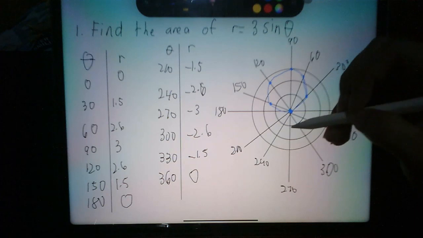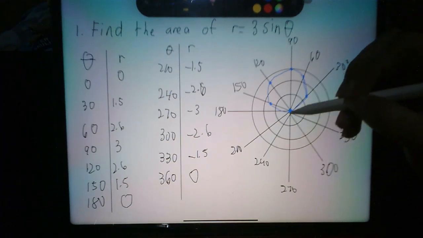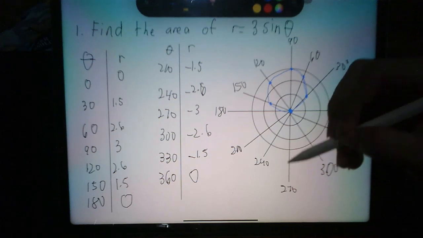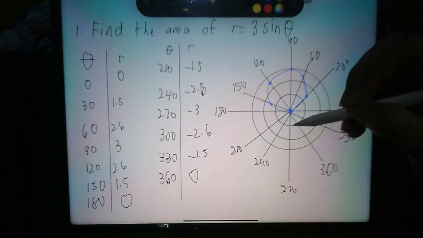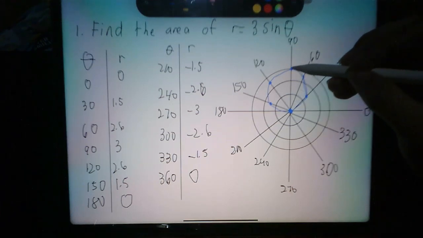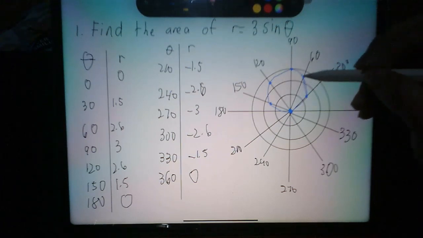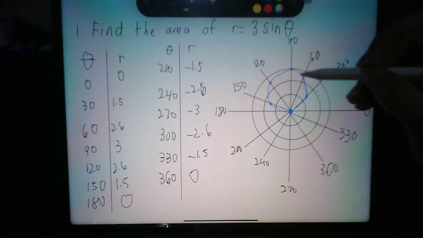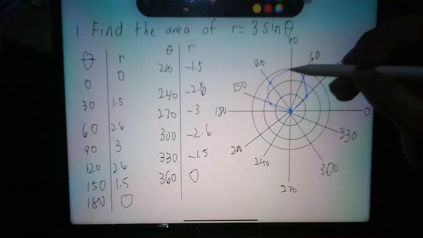So 240 is 2.6 here, and 270 is negative 3. This line is positive, so the opposite of positive here is negative. So we put here 3. The circle is here. So by inspection, our area is here.